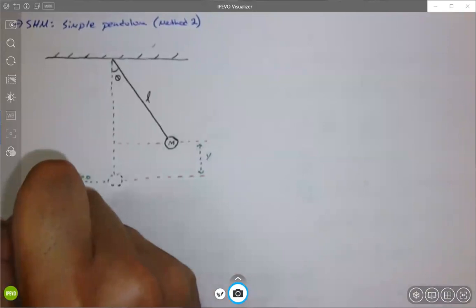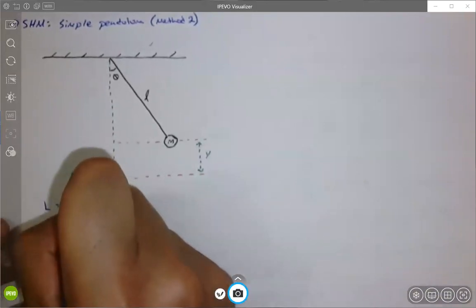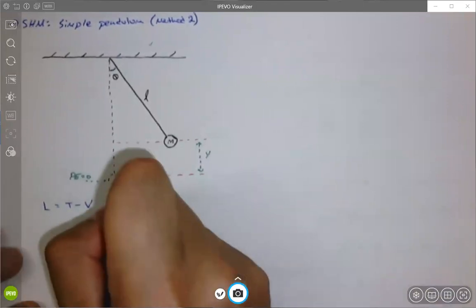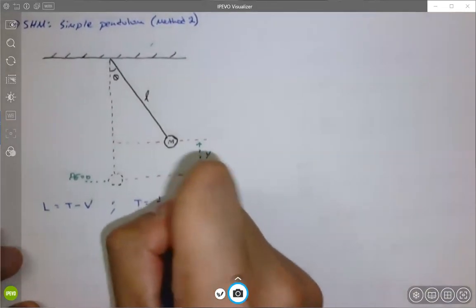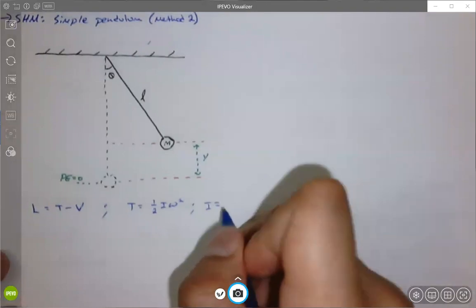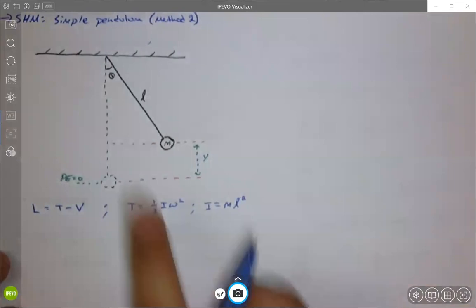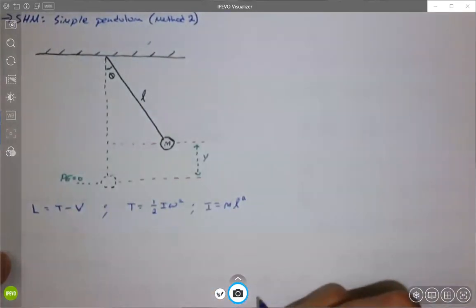And when we write down the Lagrangian, which is T minus V, what is T going to equal? T is going to equal 1/2 I omega squared. I is going to equal mL squared, because L you could think of as the radius about this axis point right here.